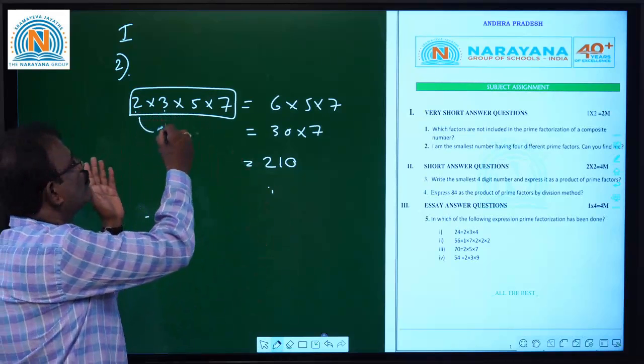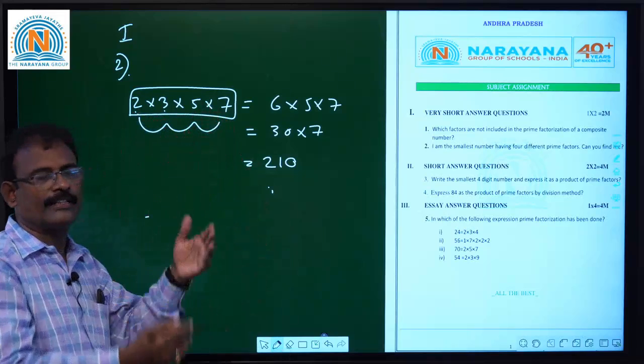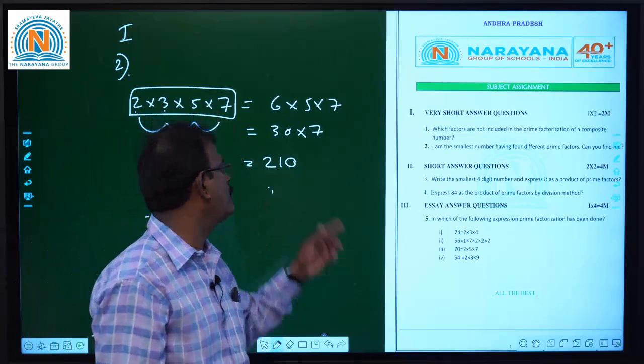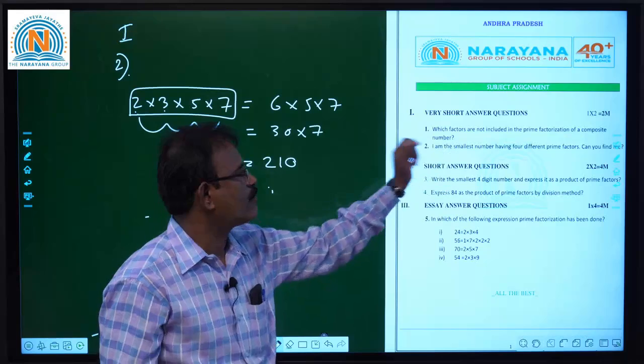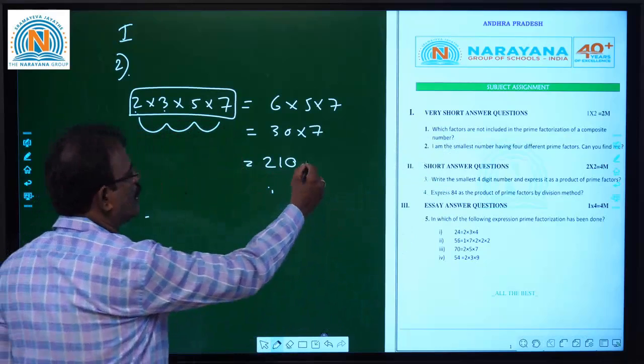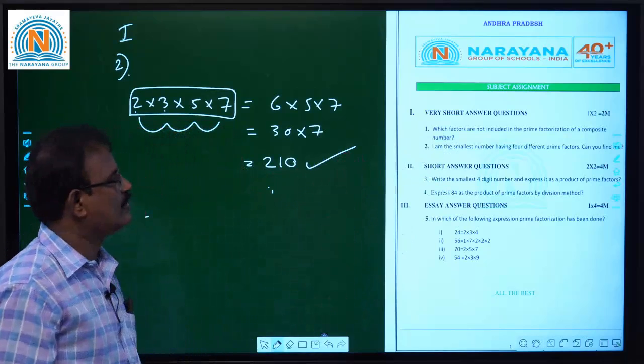If you take any prime numbers other than these 4, it will surely be more than 210, as we want the smallest. So this is the answer for the second question, children.